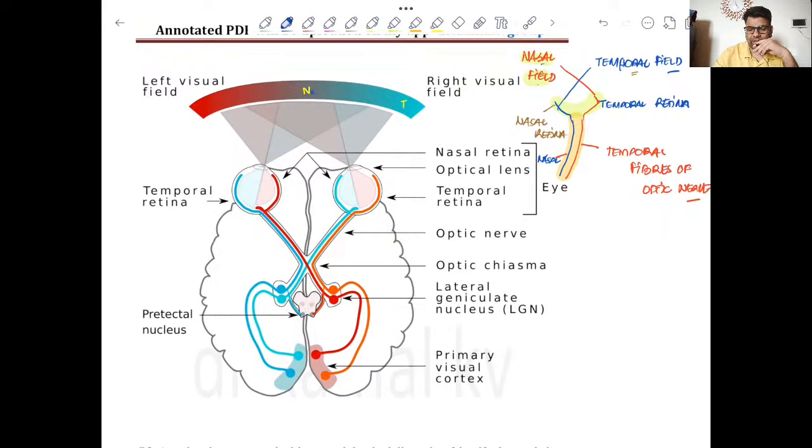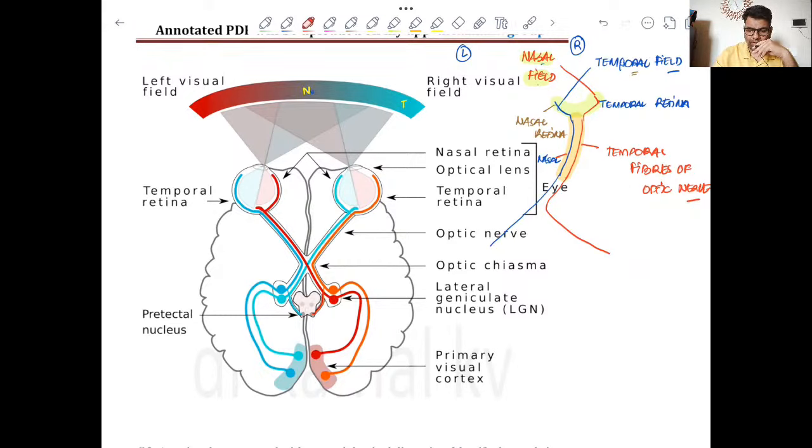Suppose this is the right eye, the same fibers are also traveling from the left eye. And just above the level of the pituitary gland, there is crossing over of the fibers, only of the nasal side. Clear? And the temporal fibers continue on the same side like this.